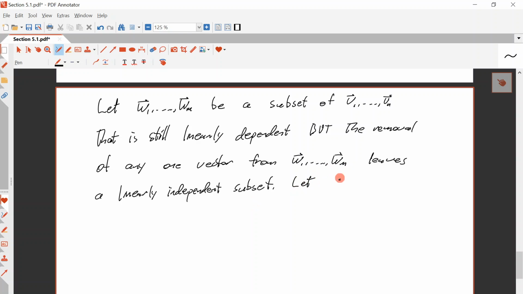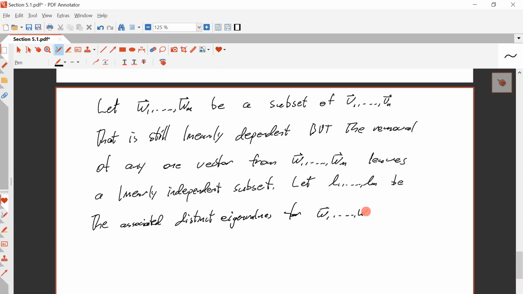So we already used K. So let L1 to Lm be the associated distinct eigenvalues for W1 to Wm.